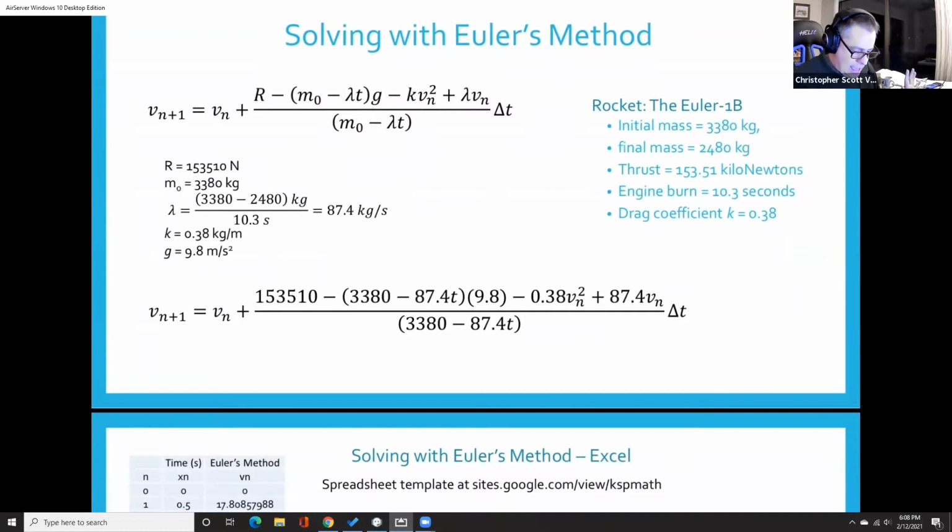You've seen that I have plugged in all my numbers, including this one. This is the burn rate. How did I get that? Burn rate is right there. That is initial and final.